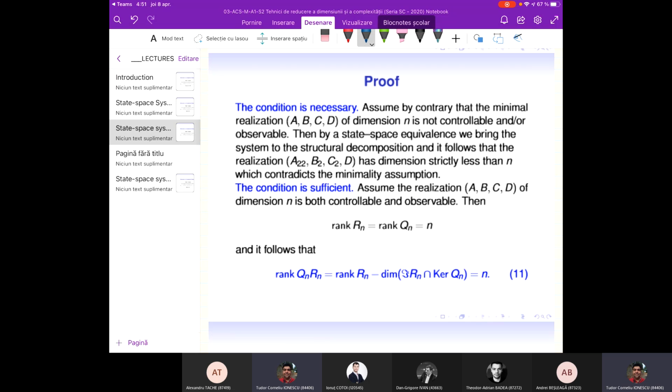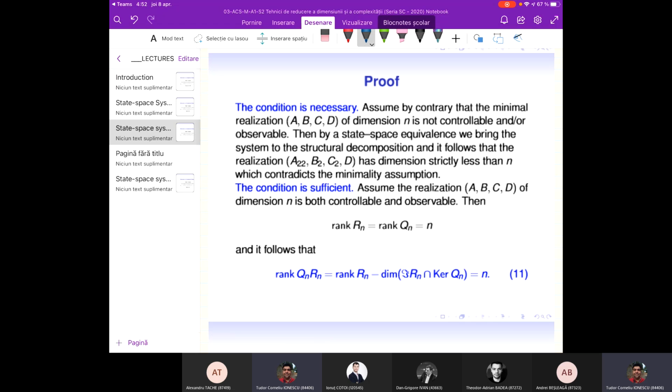Then by the state space, if it's not minimal, then we can apply the structural decomposition from the last chapter, and we get this realization A22, B2, C2, D with a dimension strictly less than n, okay? But this contradicts the minimality assumption, so this is ridiculous. Because n is the minimum, there is no other less than n. The condition is necessary, and this goes for observability as well.